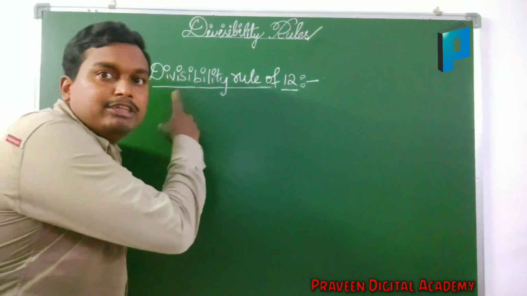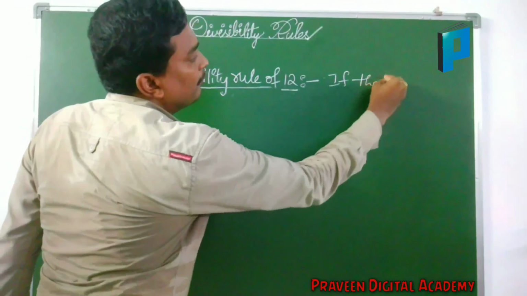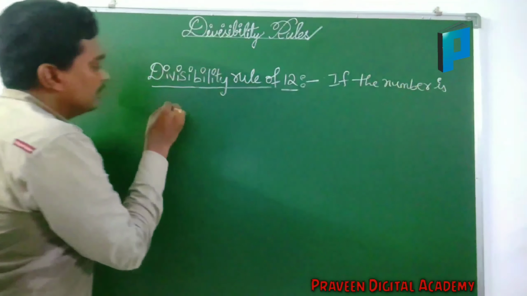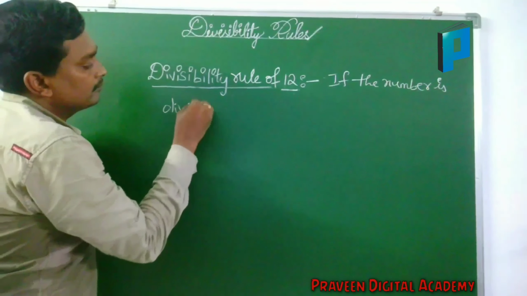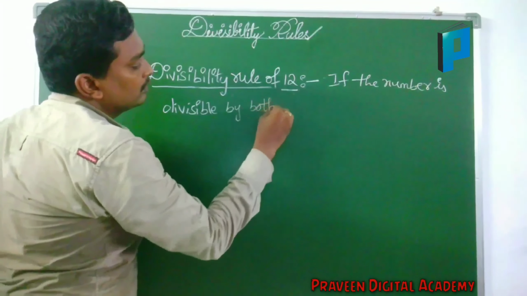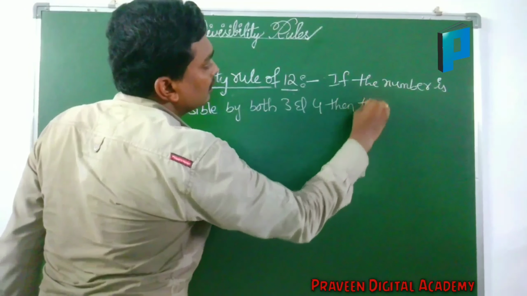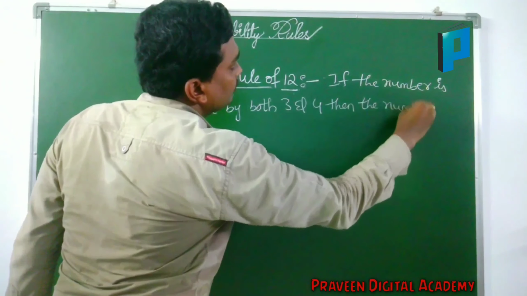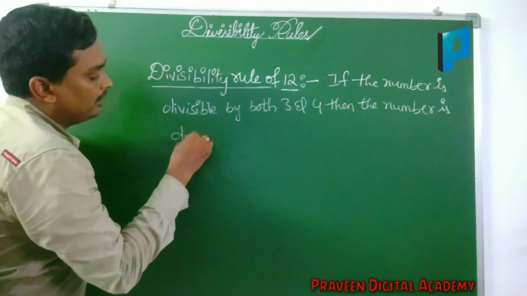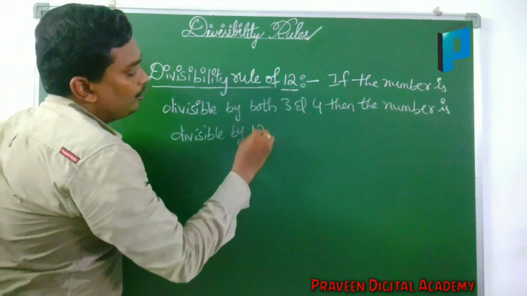Let us go for the divisibility rule of 12. If the number is divisible by both 3 and 4, then the number is divisible by 12.